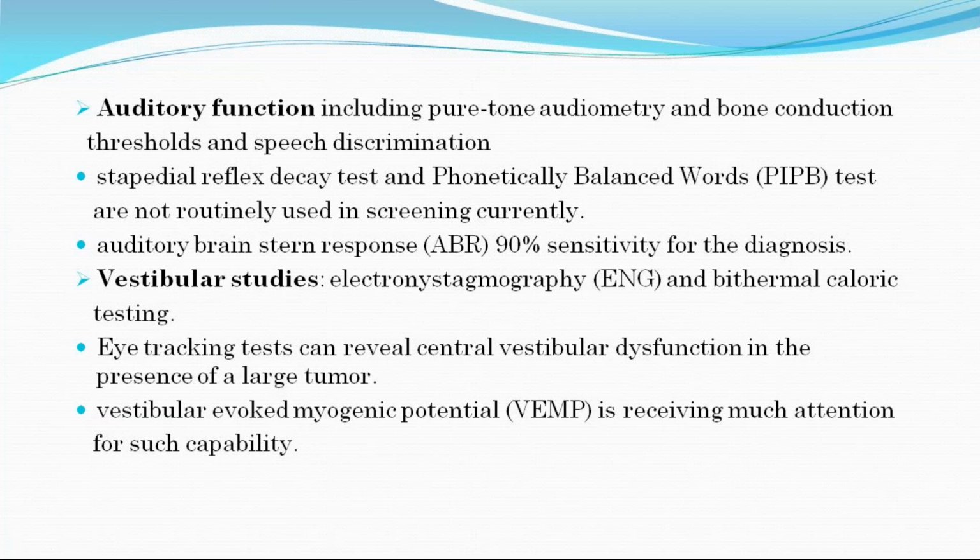And there is another one, that is called word discrimination score. That is another system. In the word discrimination score, phase 0 is where the word discrimination score is 100%.